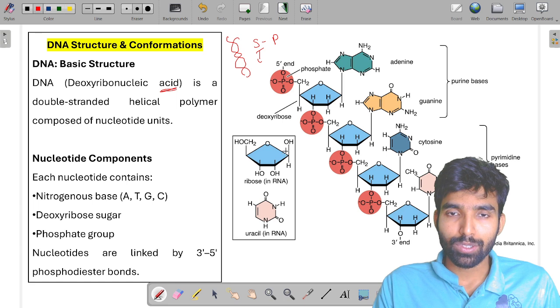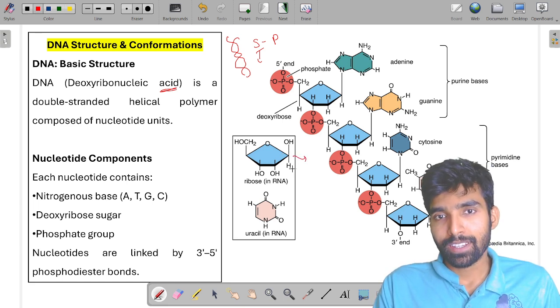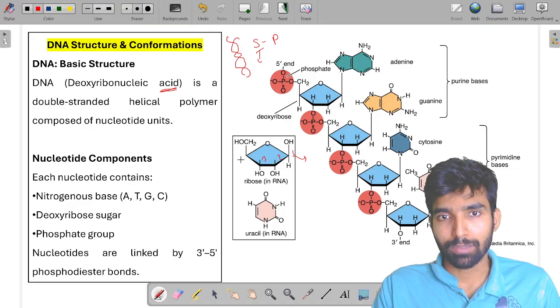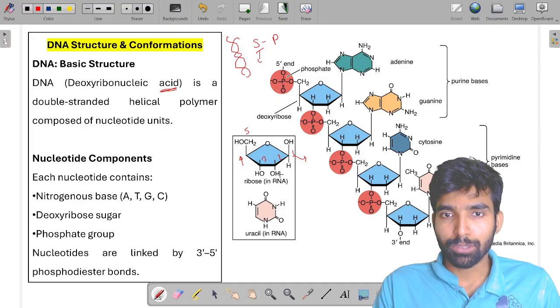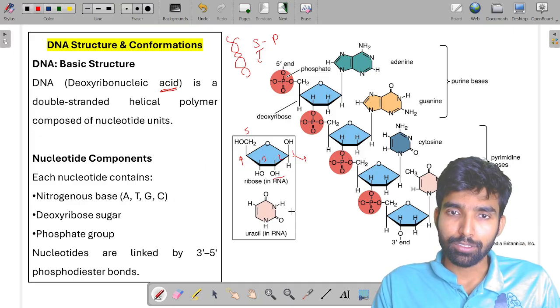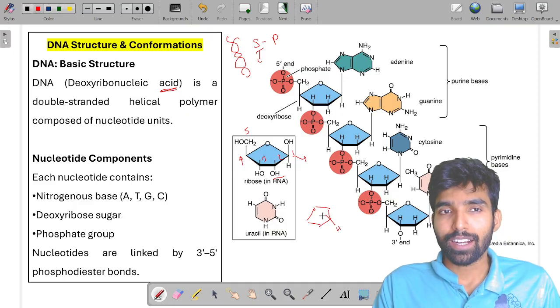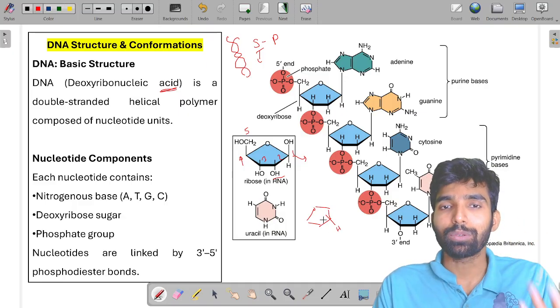If you see the ribose sugar, it's a ring structure, right? This is number 1, number 2, number 3, number 4, followed by number 5. At position number 2, in case of RNA, it's a hydroxyl group. But in case of DNA, it will be H, deoxy. So that's why it's called deoxyribonucleic acid.